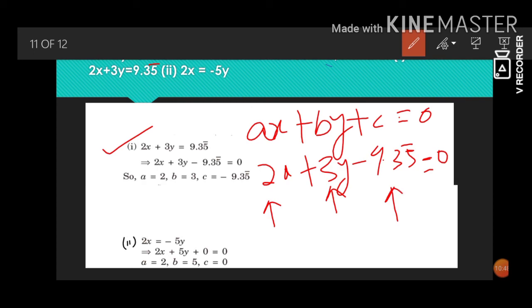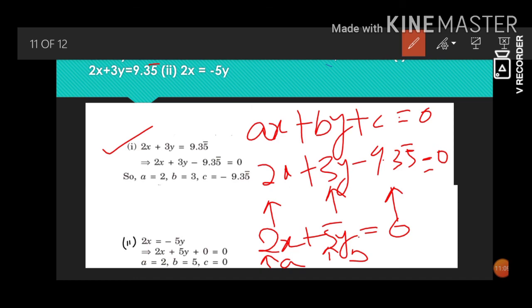Second question is 2x is equal to 5y, which can be written as 2x minus 5y equals to 0. So here the coefficient of x is a, the coefficient of y is b, but there is no c.